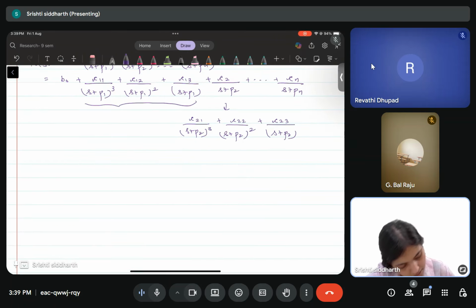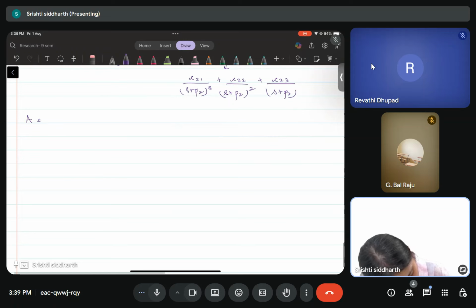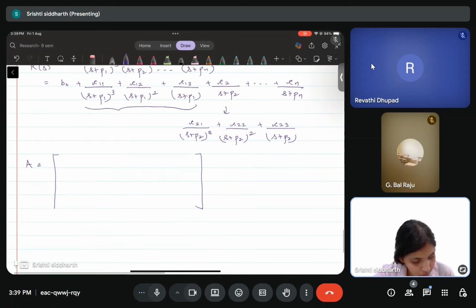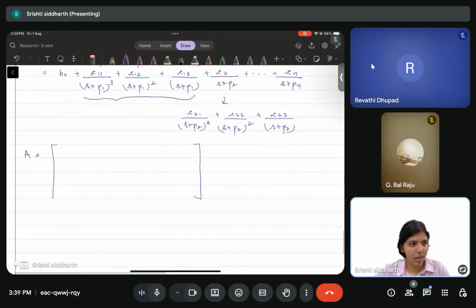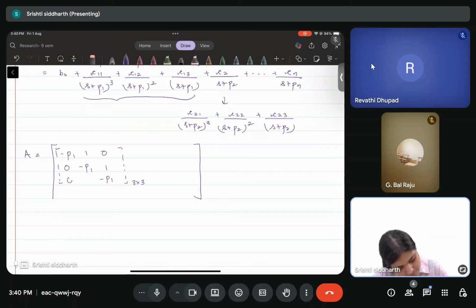So in this case, the A matrix is going to be as follows. For the repeated eigenvalue at p1, repeating 3 times, it's going to be minus p1, in a block of size 3 by 3. The diagonal elements will have minus p1, and then we'll have ones on the terms above the main diagonal, and then zeros.